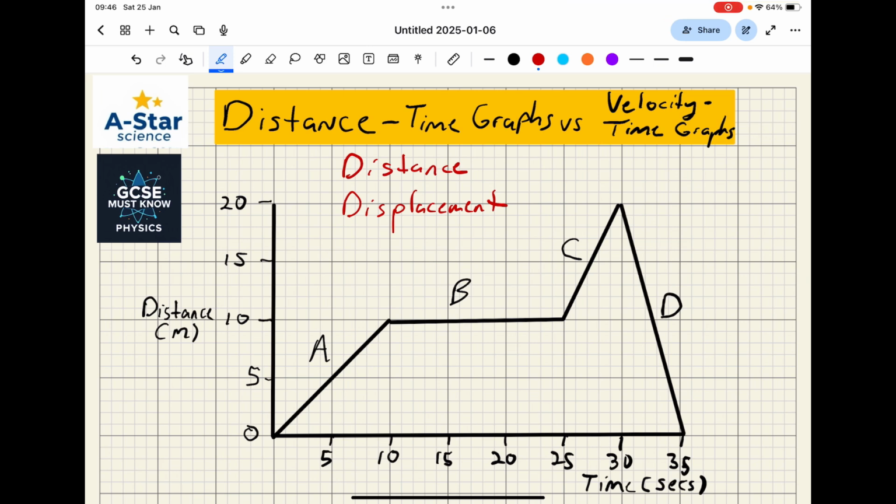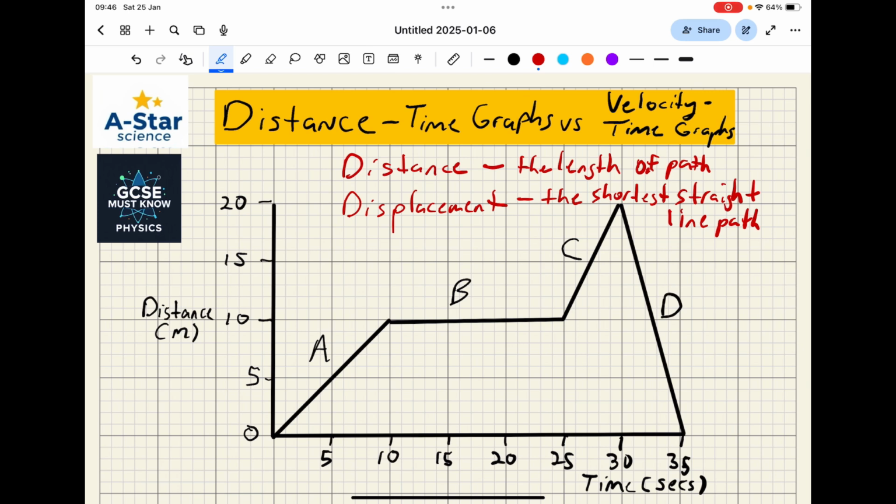In this case, distance is the length of path traveled by an object, whereas displacement will be the shortest straight line path between two objects.